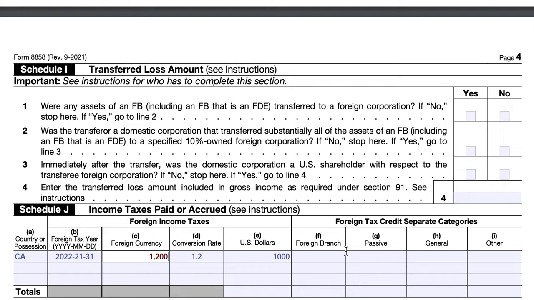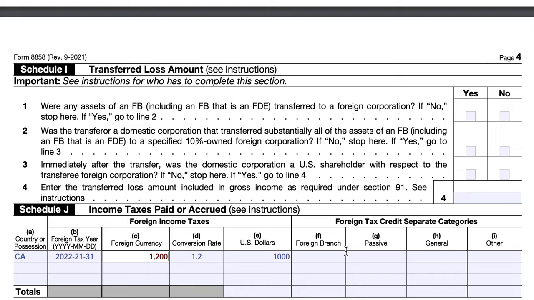But in the form instructions, there's discussion of a tax refund being reported as a filled-in part of the filled-in schedule.